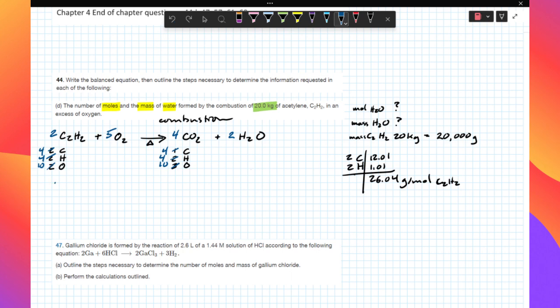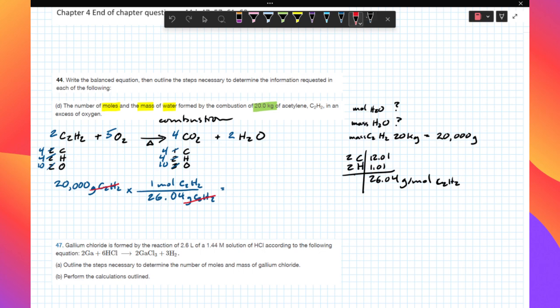So we have 20,000 grams of acetylene. Every mole of acetylene has 26.04 grams. This is that setup, having grams of acetylene as our units on the top left, and grams of acetylene on our bottom right.